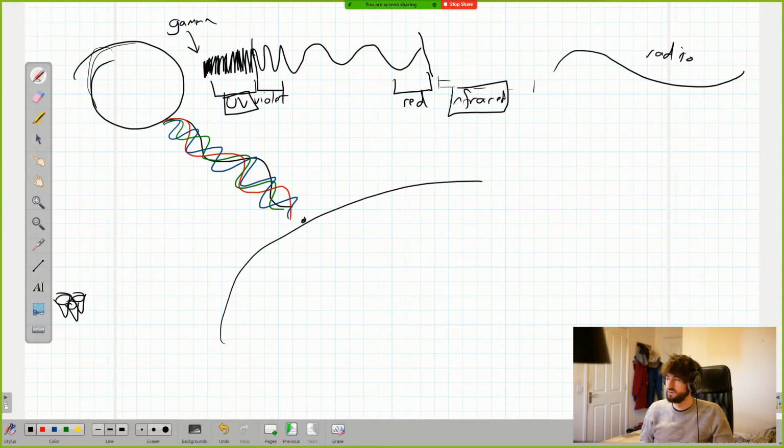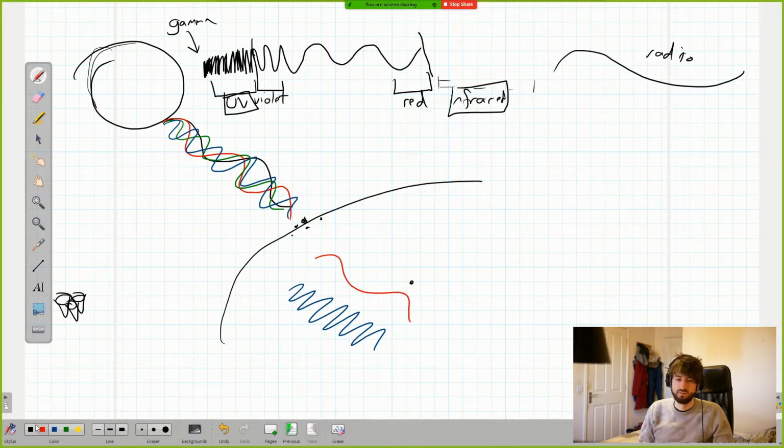it hits the atmosphere. And you've got all these particles in the atmosphere. And if you imagine there's some blue light that's going like this, and there's some red light that's going like this, right?